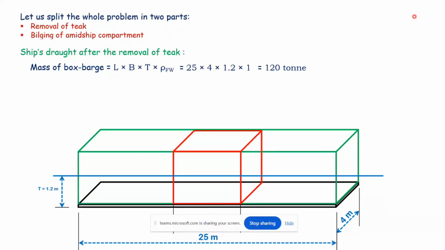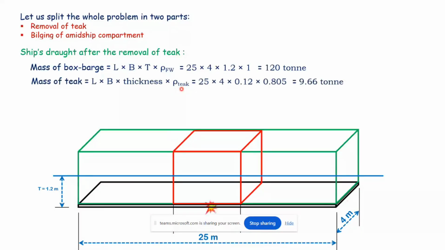Now, how much is the mass of teak? It is very simple to determine: length into breadth of the ship. Look at that black colored teak here. This is also cuboidal in shape. And what is the volume of a cuboid? Length into breadth into depth. The depth will be taken as the thickness of the teak. If you multiply with the density of teak, what we get is the mass of teak, which comes to 9.66 tons.